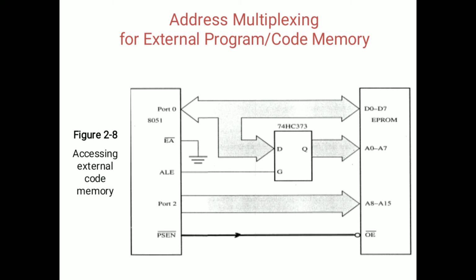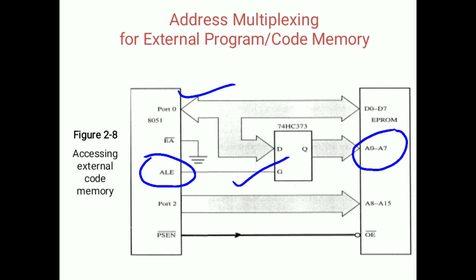On port 0 we connect address and data lines AD0 to AD7. You can connect address and data both on the same lines. This is done with the help of the address latch enable pin. Whenever this pin provides the signal, the flip flop will be active, and pins A0 to A7 will be used as address pins.